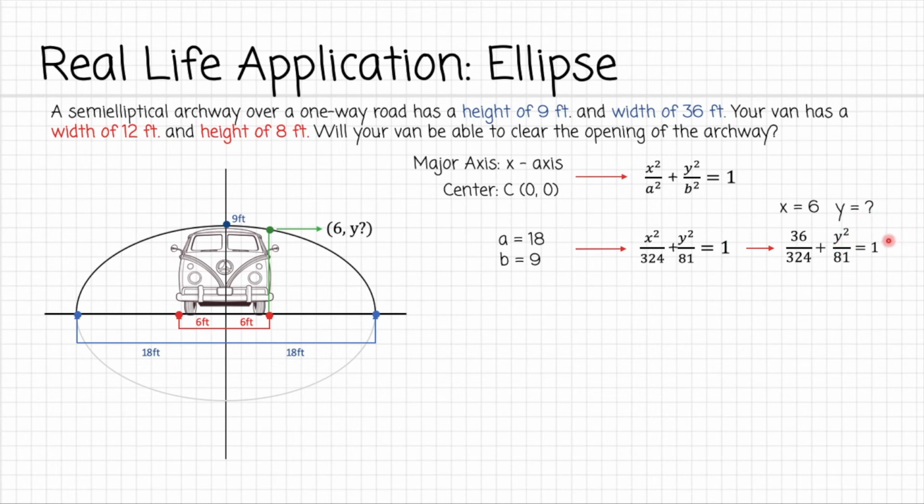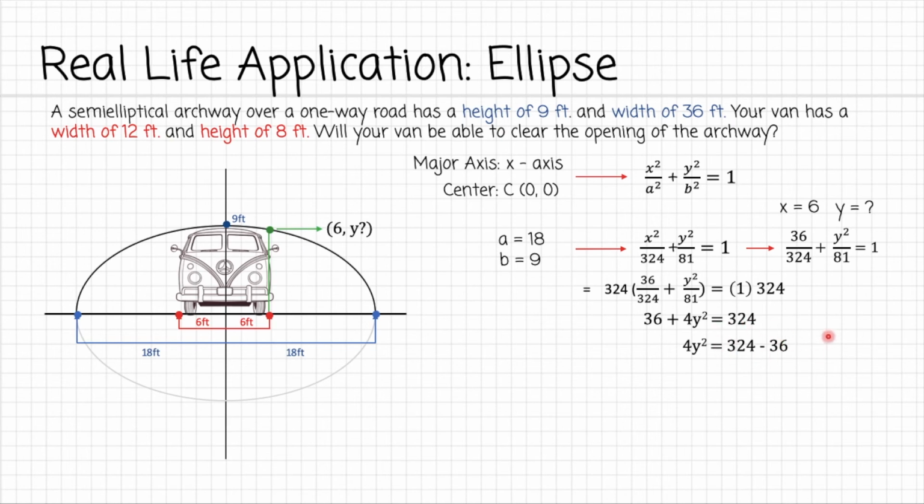So first is to clear out our fractions by multiplying both sides of the equation by the least common denominator, or 324. And then we distribute. Next thing to do is to transpose this to the other side so we can isolate the variable on one side.